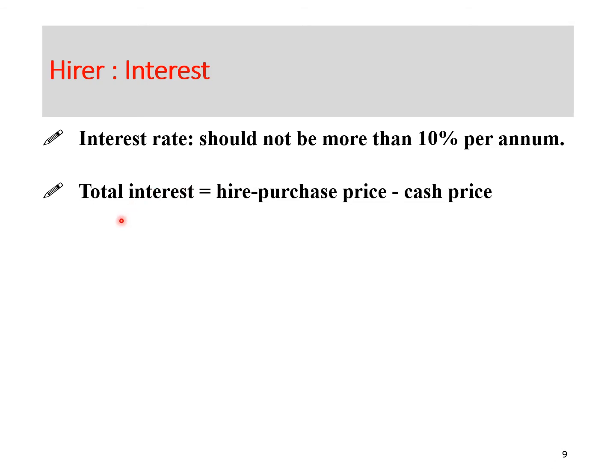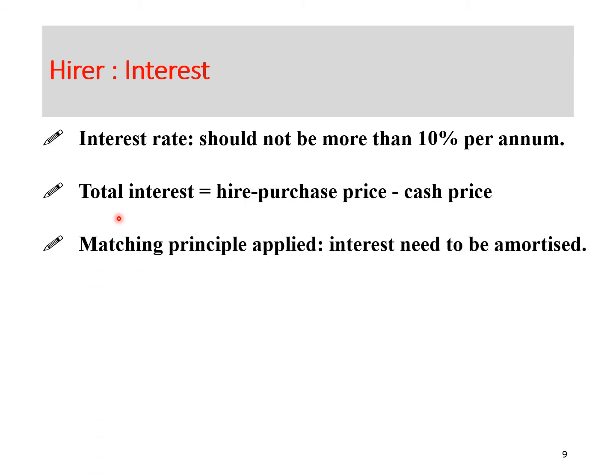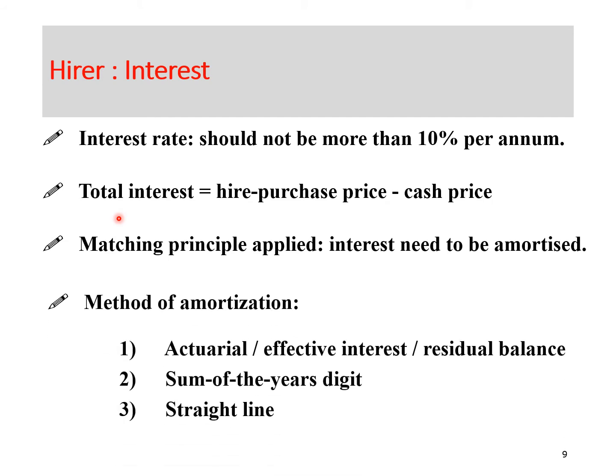But if you want to get your hire purchase price, you take your total interest plus the cash price. There are three methods to calculate the interest. The first is the effective interest method, the second is the sum of the years' digits method, and the third is the straight line method. We are going to discuss all these three methods next.